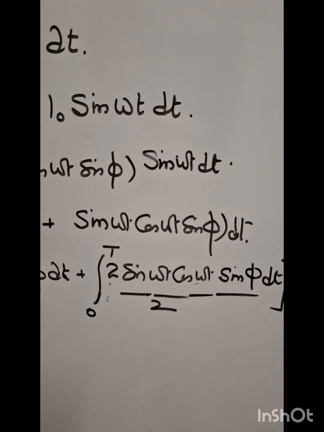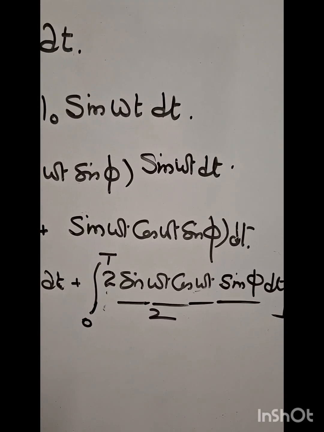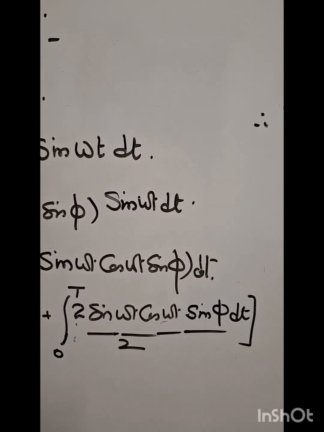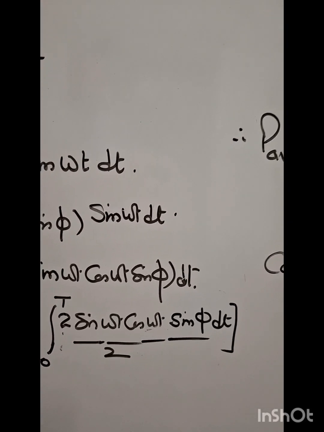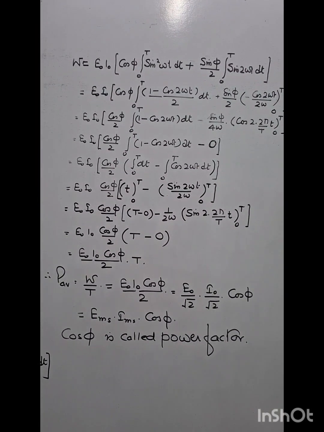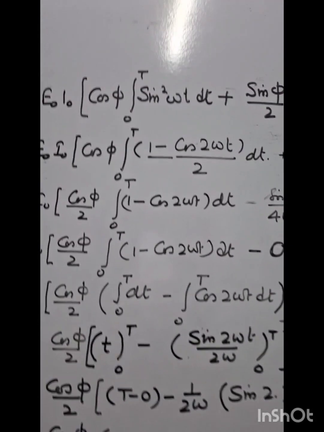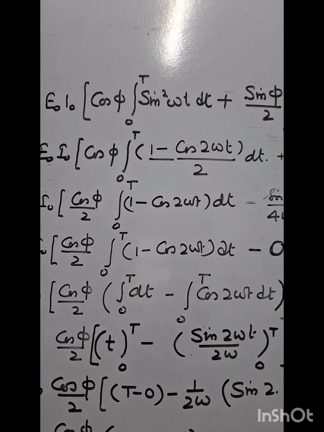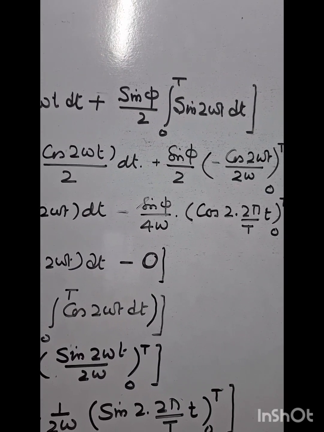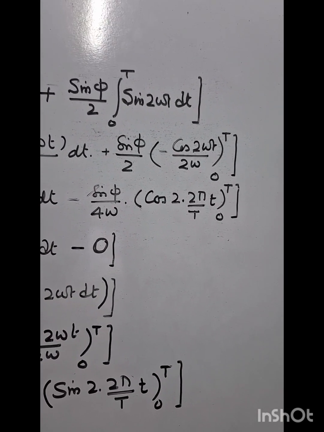You can see we have multiplied and divided by 2, so this term 2 sin omega t cos omega t will be sin 2 omega t. So here you can see that W is equal to E naught I naught. Here we have taken cos phi outside: integral from 0 to T of sin square omega t dt plus sin phi by 2 sin 2 omega t dt.